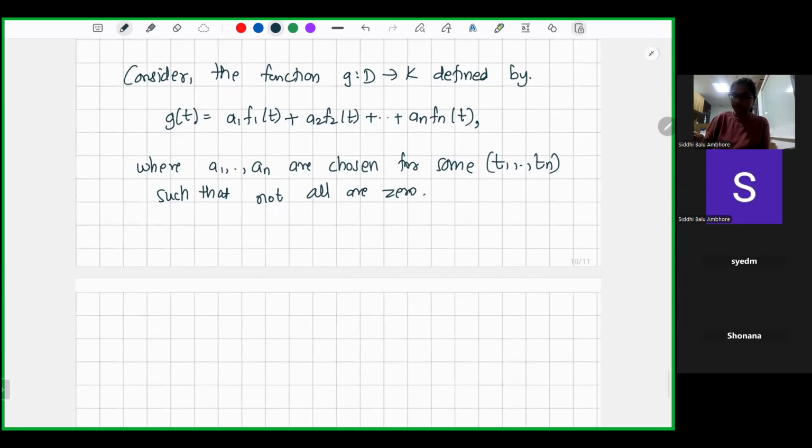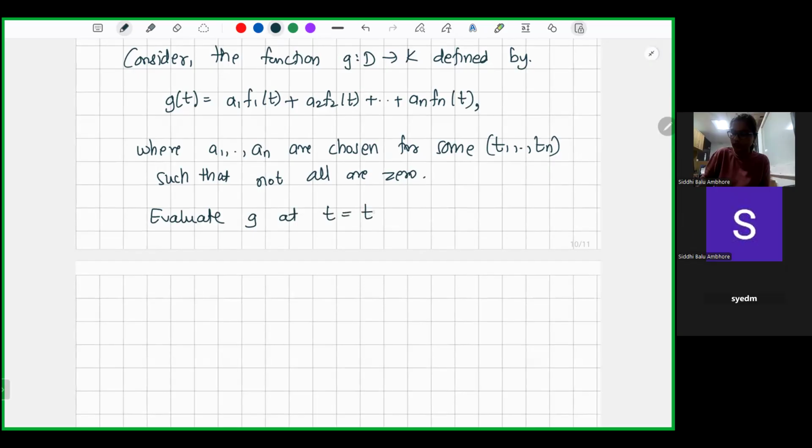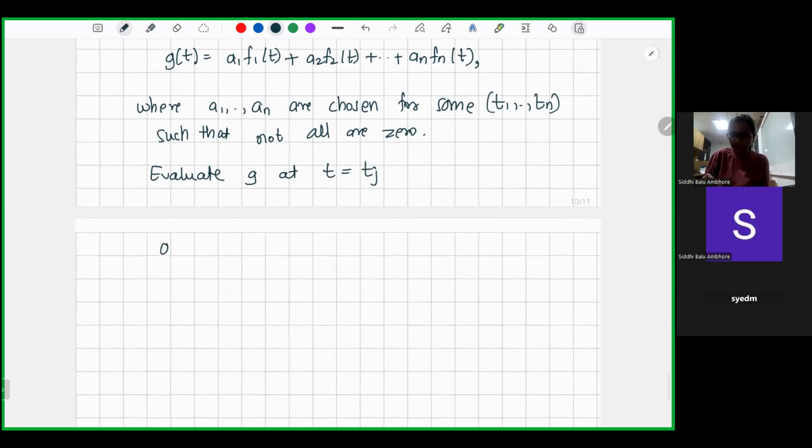Now we evaluate this g at t equal to tj. Then I get g of tj equals a1 f1 tj plus a2 f2 tj plus so on an fn tj.